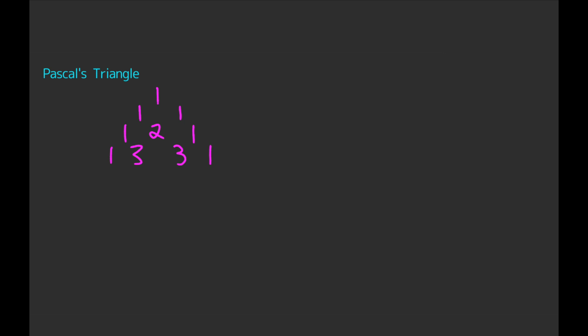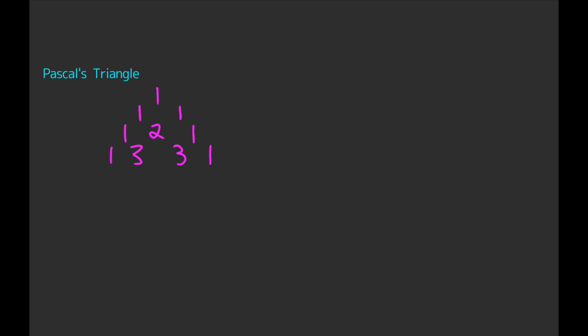So again, notice how we have 1 and 2. 1 plus 2 equals 3. For the other 3, we also do 2 plus 1 equals 3. So let me repeat that. The top two numbers add up to make the bottom number. And the triangle continues just like that.